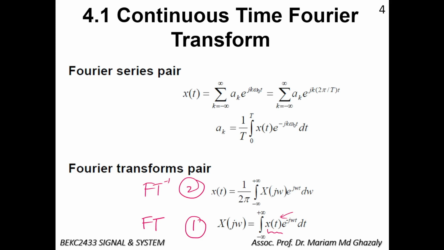The first equation here, we call it the Fourier transform equation. Why? Because if you look at the equation, it's X(j omega). Basically, you're going to do analysis similar to Fourier series. You convert from time domain to frequency domain.